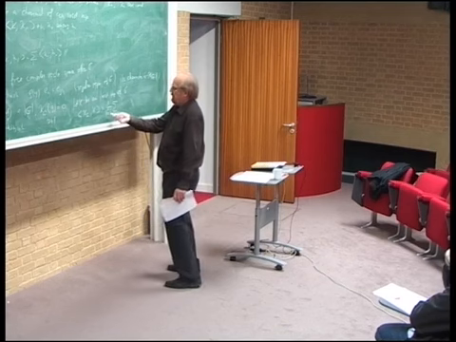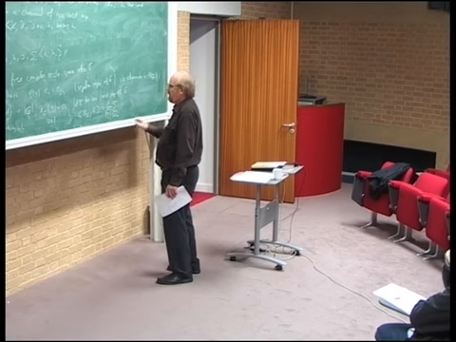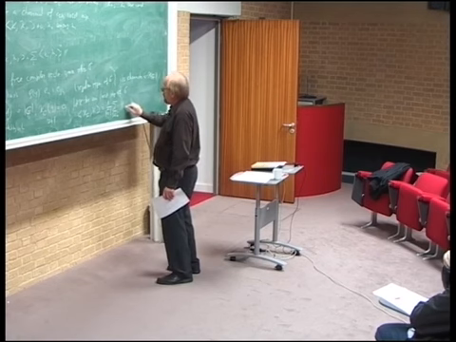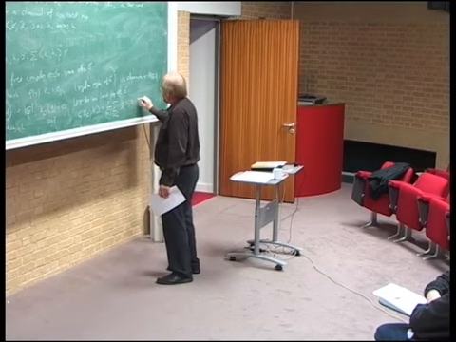So this is 1 over the number of elements in G, the sum over g of chi_G of g times chi of g inverse.